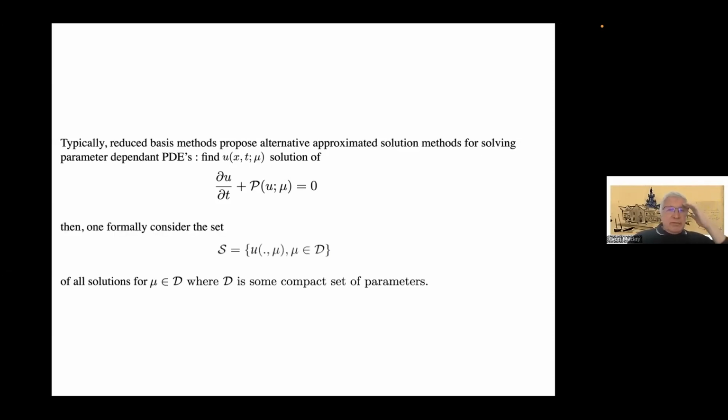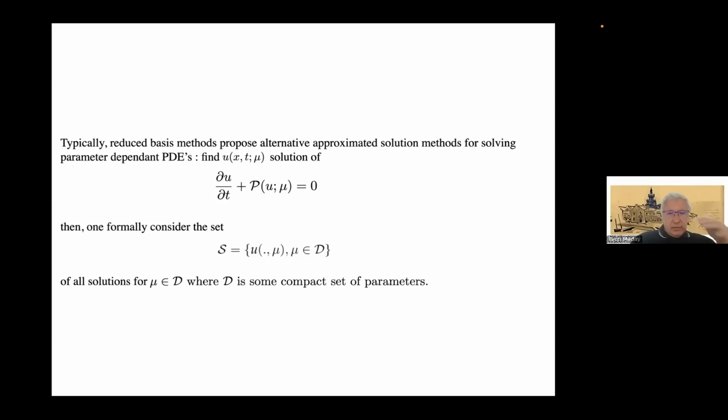So the idea of the reduced basis method is to conceive the set of all or a large number of this solution when the parameter mu varies. So this solution depends maybe on space and time, or maybe on space only. And D is some, say, compact set of parameters.